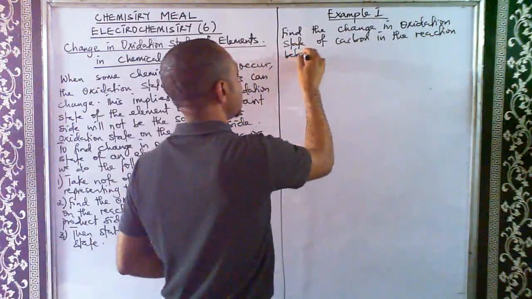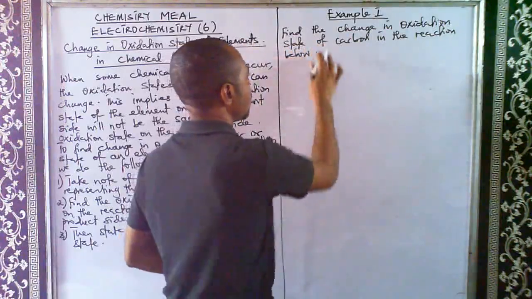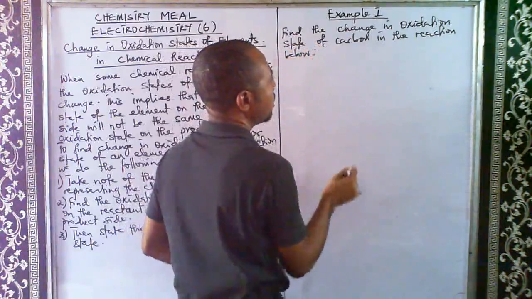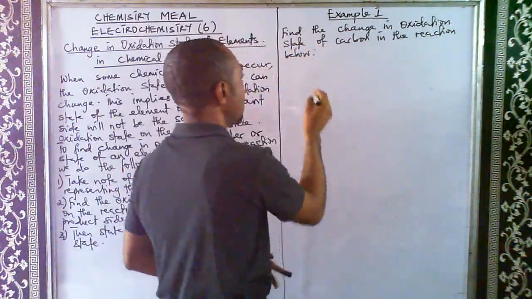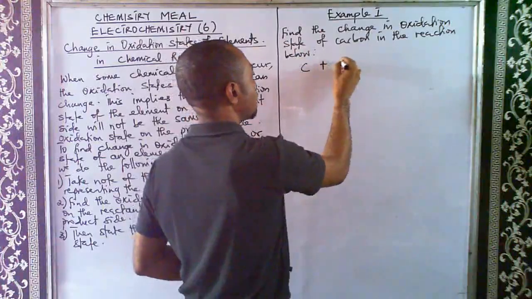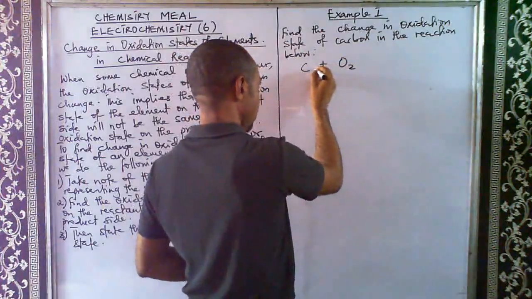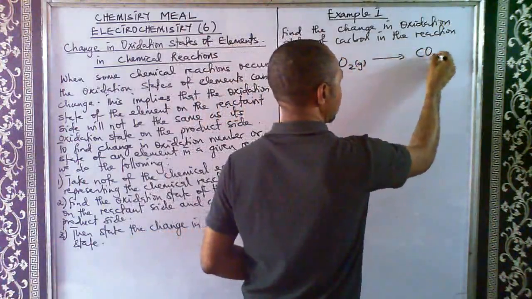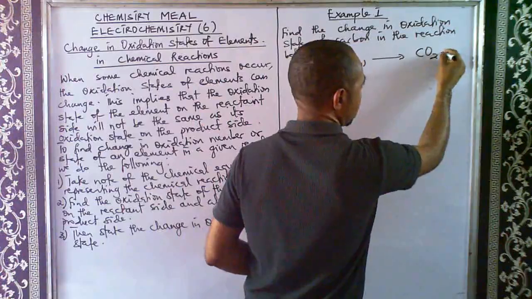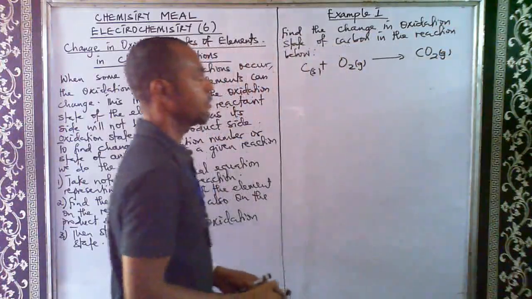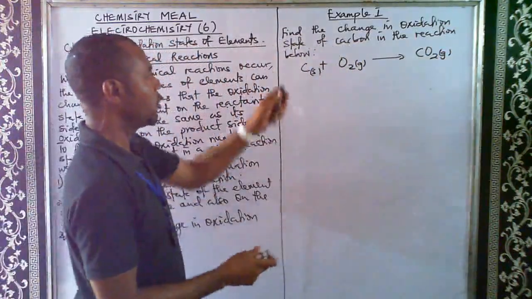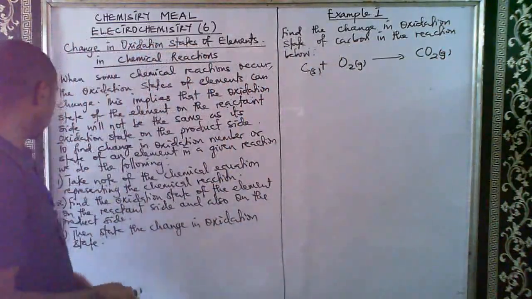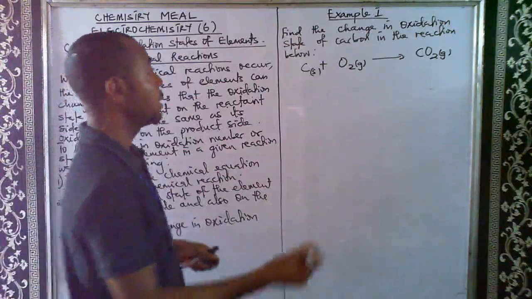So what's the reaction? We have carbon, which is a solid, plus oxygen gas, giving us CO2, which is also a gas. We want to find the change in oxidation state of carbon, so we're going to take these steps to achieve that.